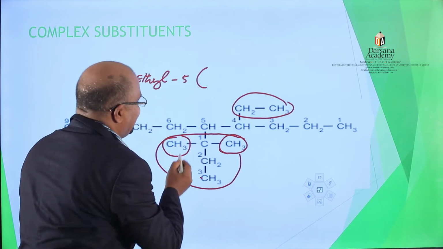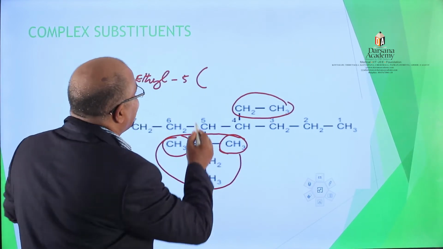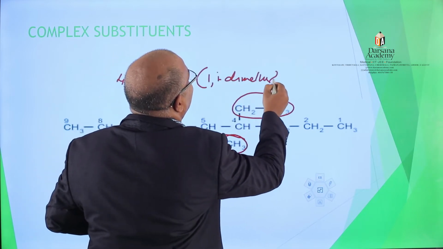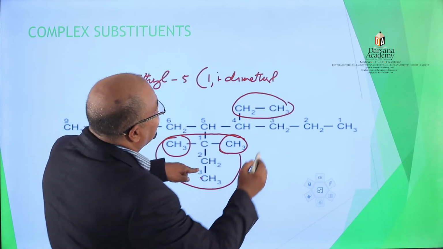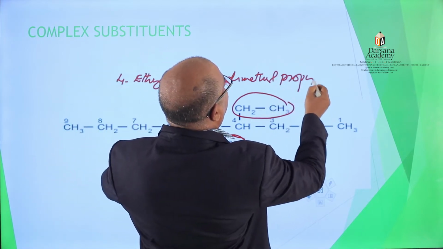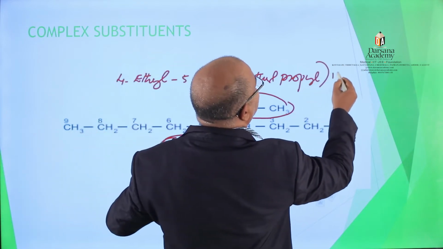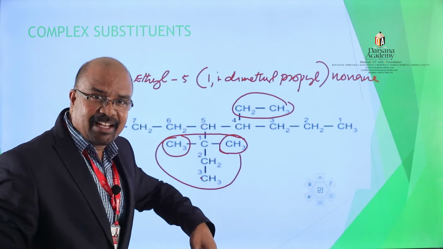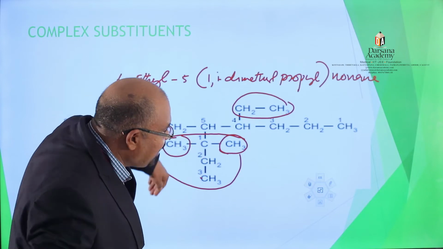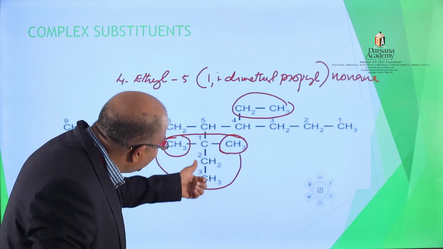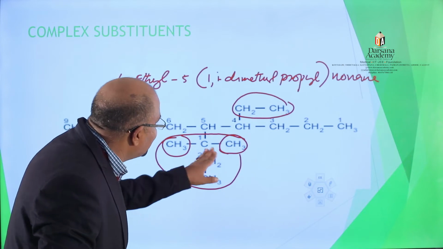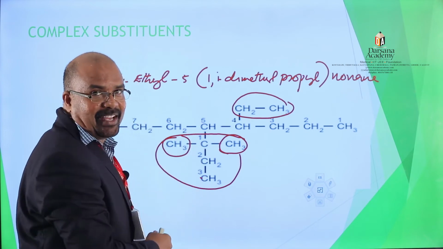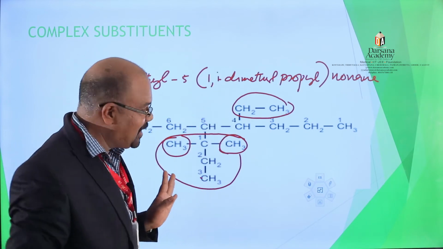So the naming, the position of these same substituents, 1,1-dimethyl, and 3 carbon atoms are present, so propyl, then the root word nonane. So this is the basics of naming complex substituents. Clear? This will be written inside parenthesis, brackets. Here we number one by one. Since similar substituents came, we got dimethyl. But if they were on different carbons it would be 1,2-dimethyl. Here both are at one position, so 1,1-dimethyl. Clear? The next.